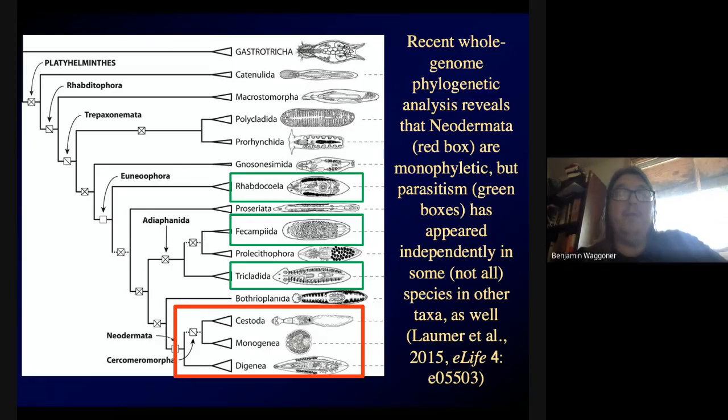The one in the middle, the Fecampiida, can actually be a rather serious pest of commercially important marine clams. Don't know how many of you want a career as a clam digger, but in case anyone does, fecampiids might be the sort of thing you might have to worry about. So parasitism evolved at least four times in platyhelminth evolution, but the Neodermata are by far the most successful at it.